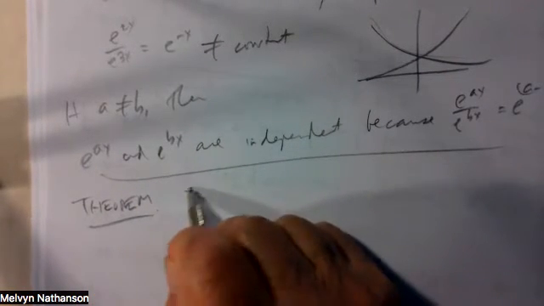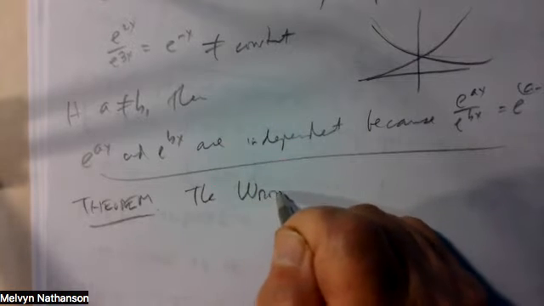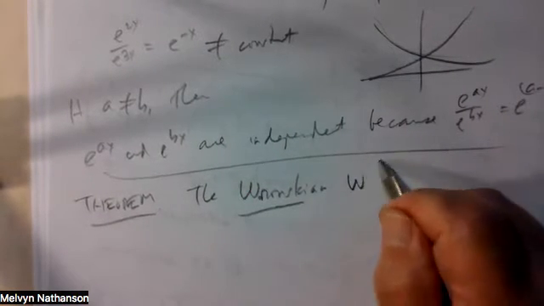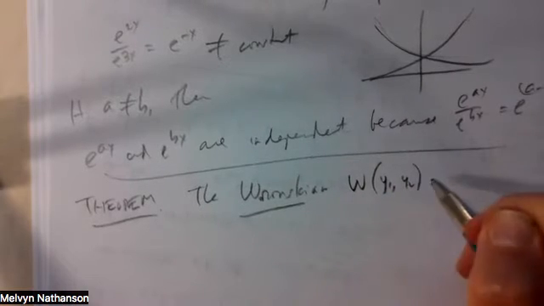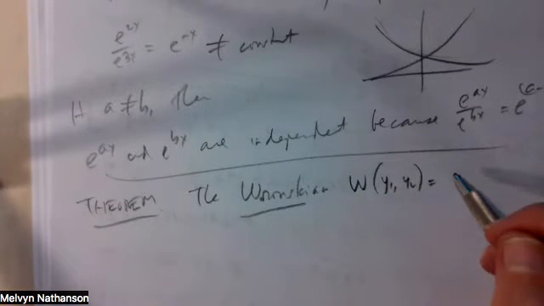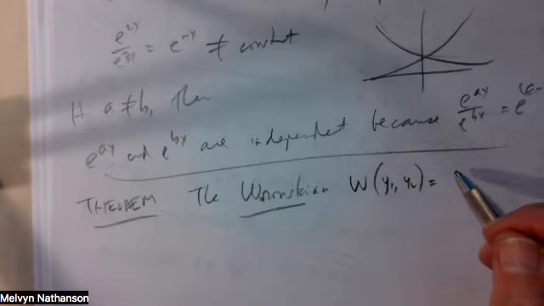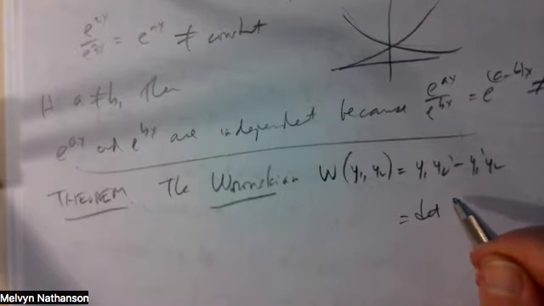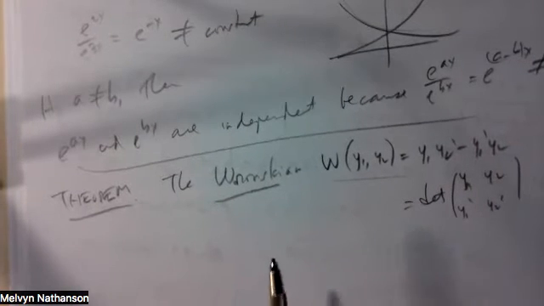So if you have two functions, what is called the Wronskian of two functions, W of y1 and y2, is the function y1 y2 prime minus y1 prime y2. You could write this as a determinant. This is like the determinant of the matrix y1, y2, y1 prime, y2 prime. But this is called the Wronskian.